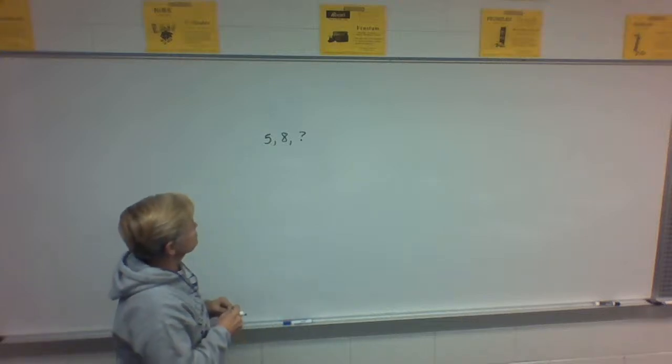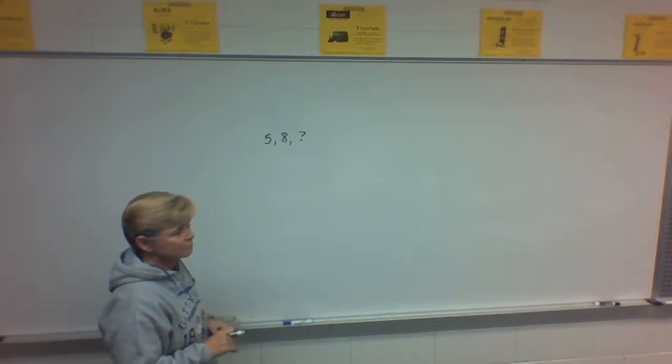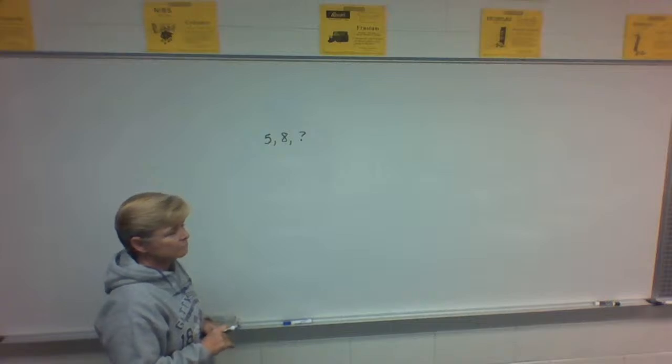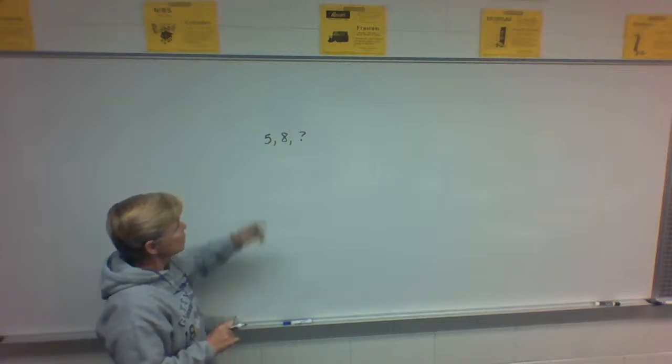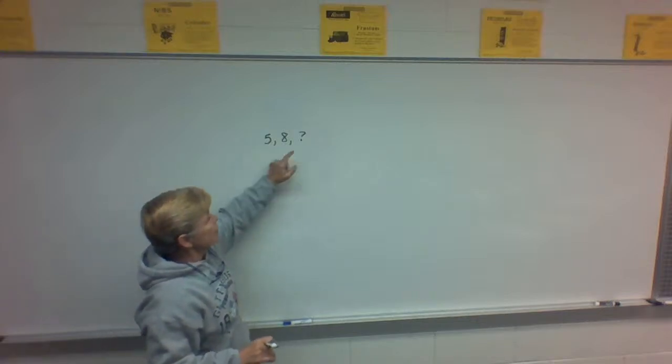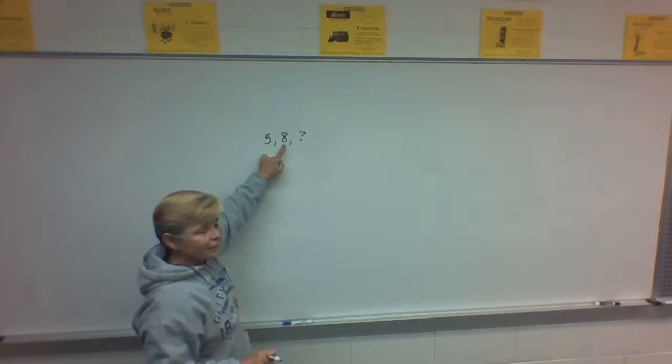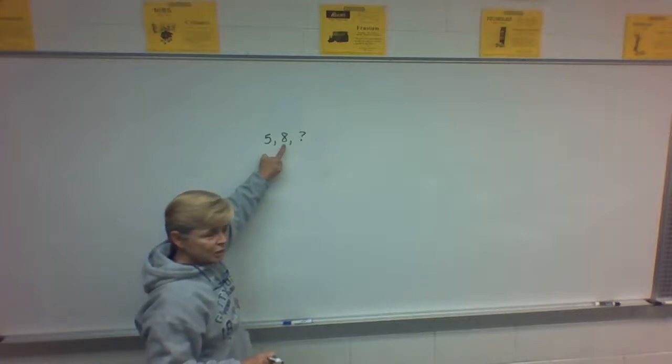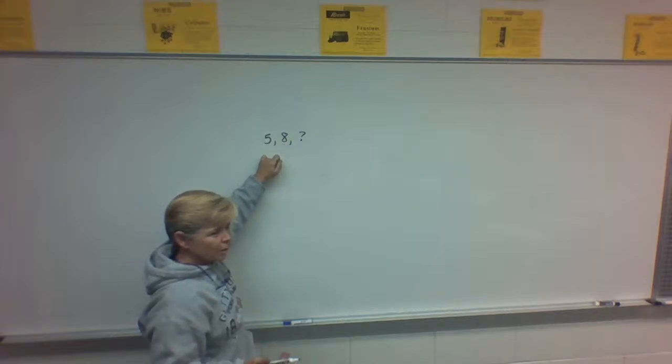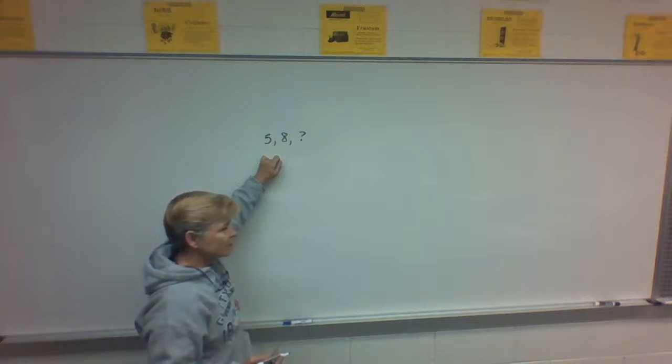Will 14 work? Now, if I put 14 here, now these are the short ones. 5 and 8 add up to 13. So 14 won't work. Do you understand what I'm saying? Will 13 work? Nope. Will 12.9 work? Yeah.